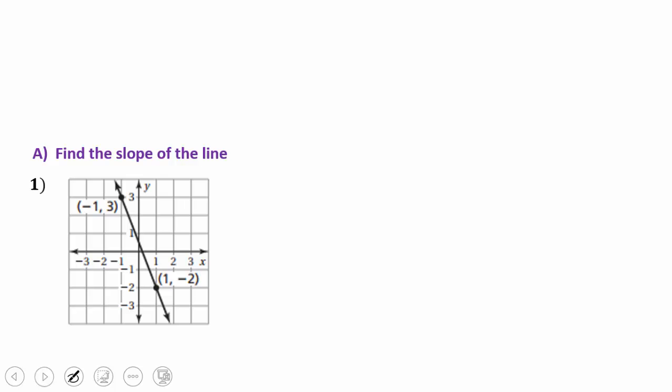So once again, we just count. If they're giving us the graph, we might as well just count. And so we're going to count down 1, 2, 3, 4, 5. We had to go down 5. And then we have to go over 2. So our slope for this one is -5 halves. I can't simplify that. I could say the slope was -2.5 over 1. Remember, slope is a ratio.